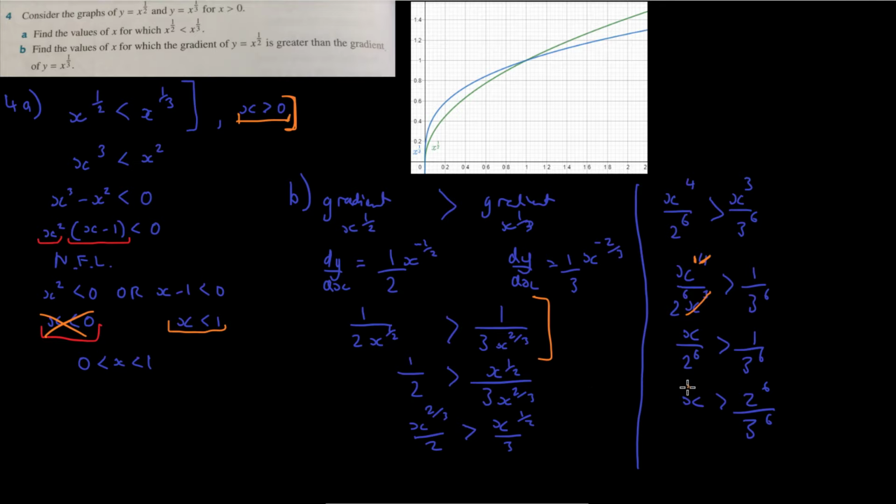And we've got that here. We haven't changed the statement. This statement led us to this. So for the statement that the gradient of x to the power of a half is greater than the gradient of x to the power of a third to be true, x must be greater than 2 to the power of 6 over 3 to the power of 6.